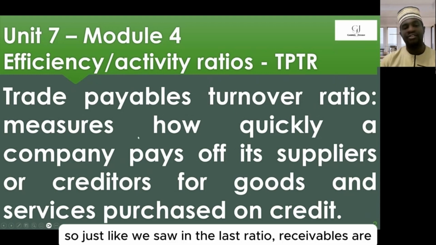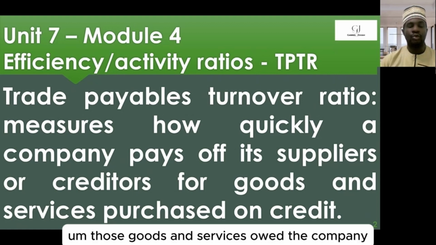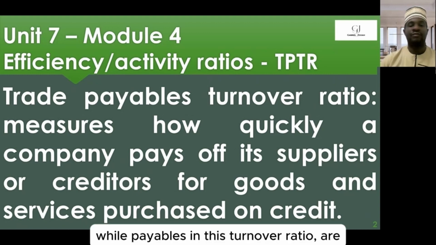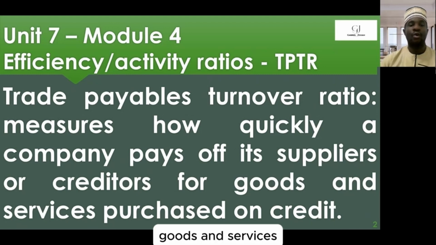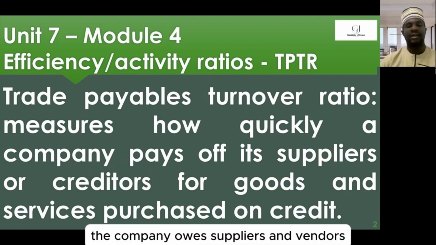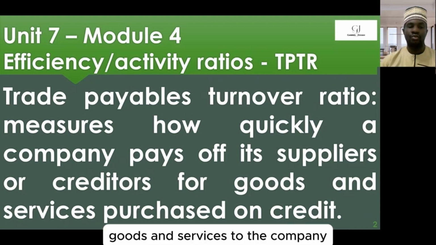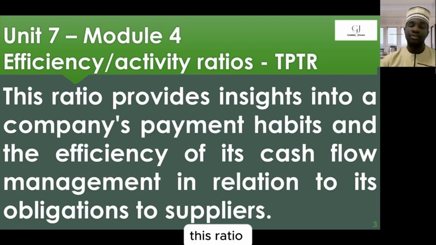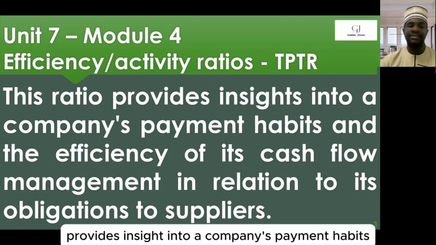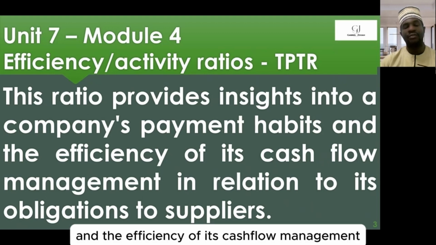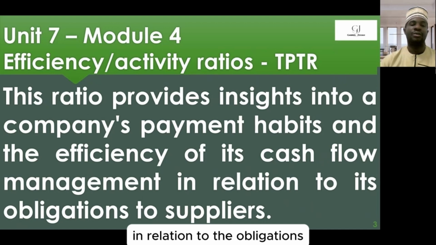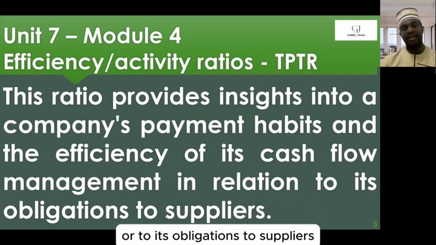Just like we saw in the last ratio, receivables are goods and services owed to the company, while payables in these turnover ratios are goods and services the company owes suppliers and vendors, who are mostly other companies that provide these goods and services to the company. This ratio provides insight into a company's payment habits and the efficiency of its cash flow management in relation to its obligations to suppliers.